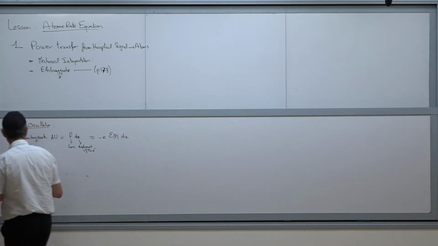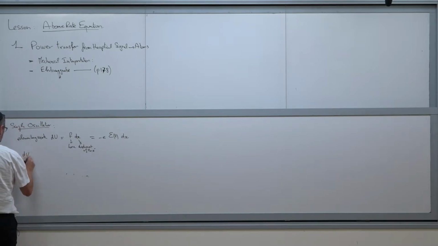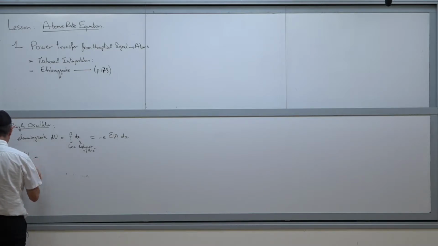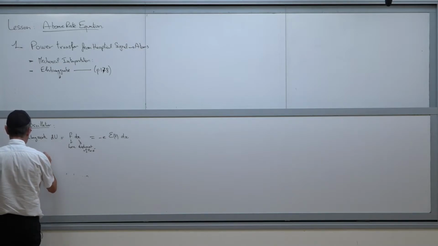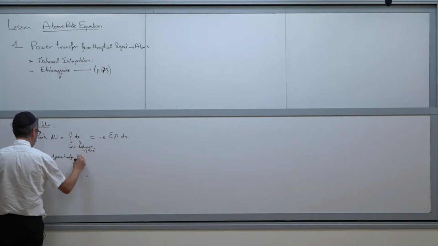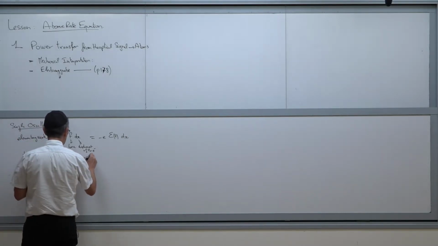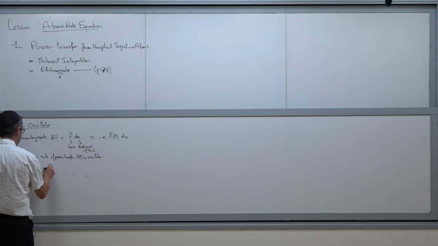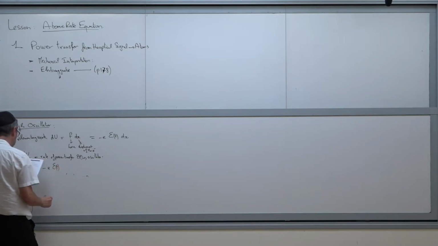And if I now write du over dt, which is the rate of power transfer from the field E to the oscillator, this is exactly minus e E of t times dx over dt.